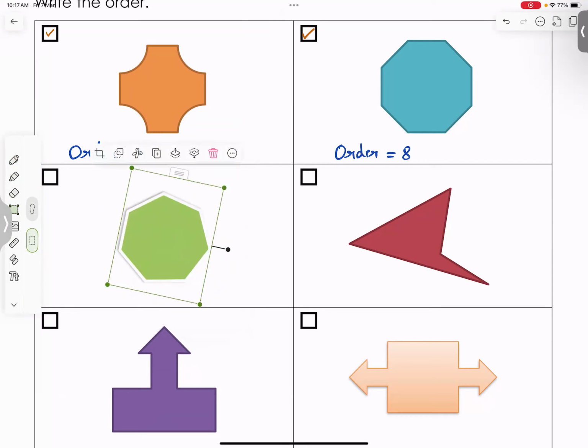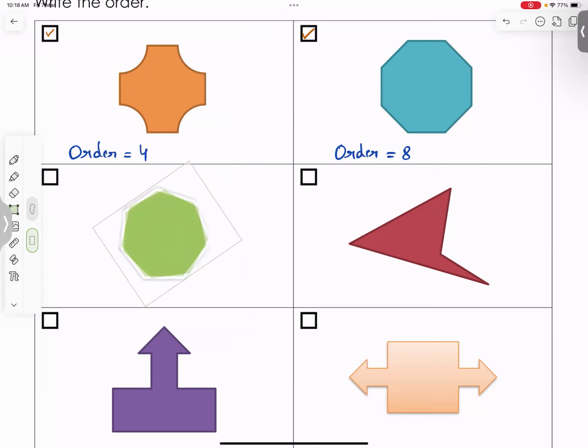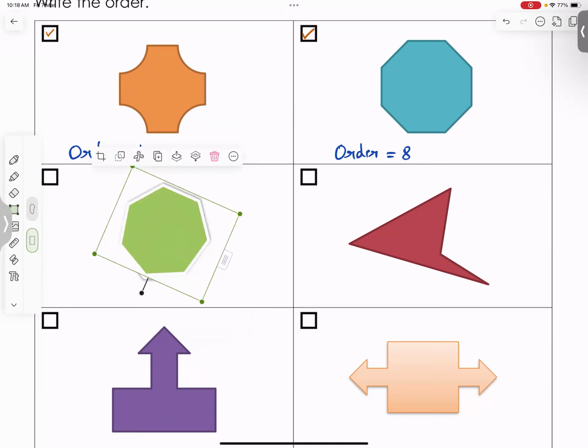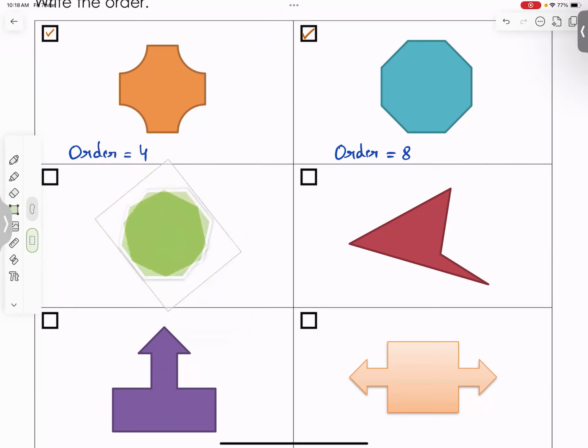When this one goes here, then this shape, then this one, and this one. I think this diagram also has rotational symmetry.